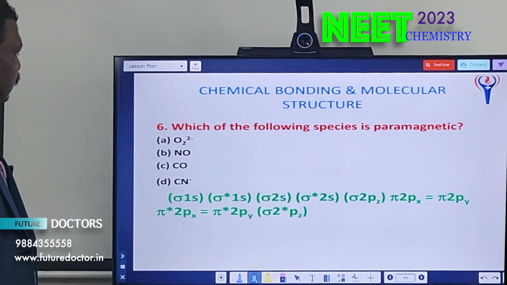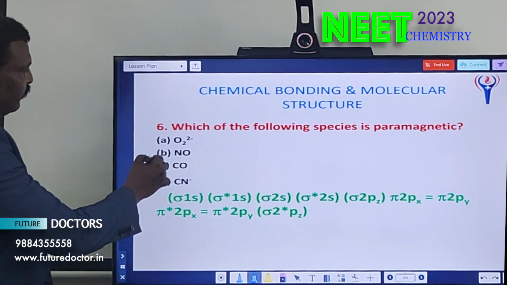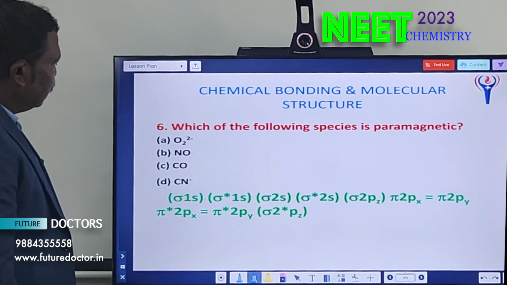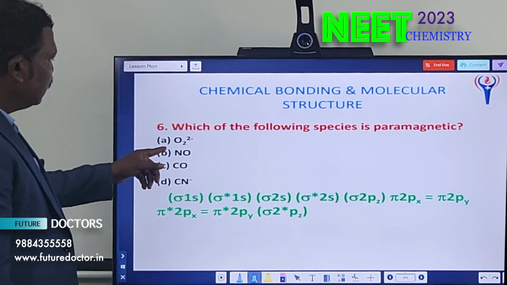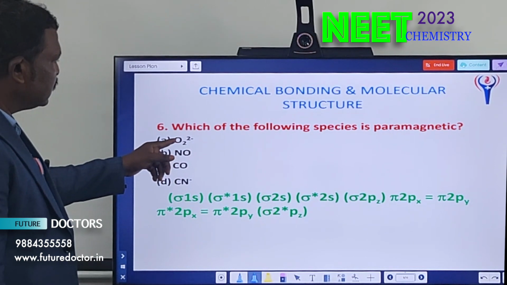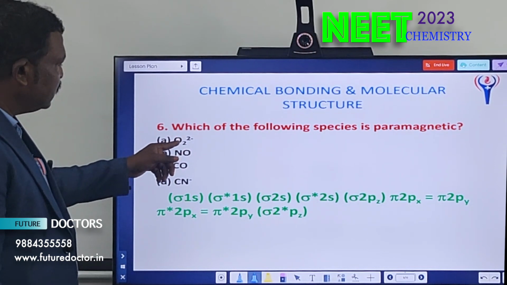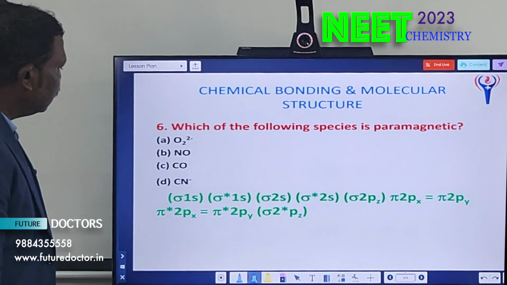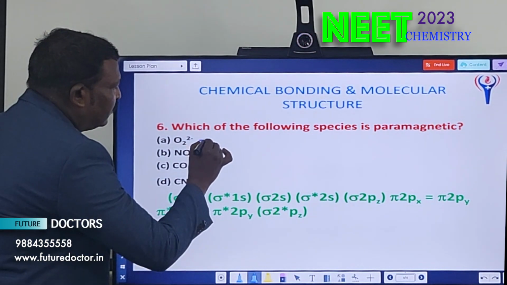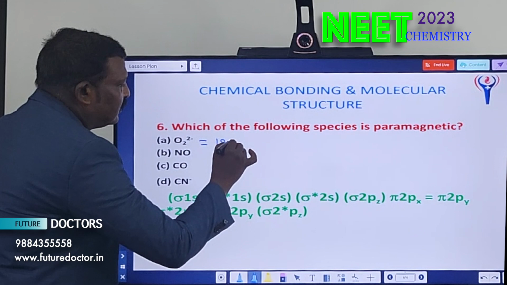So you have to fill up each and every one. Suppose here O2 2 minus means we have 18 electrons.